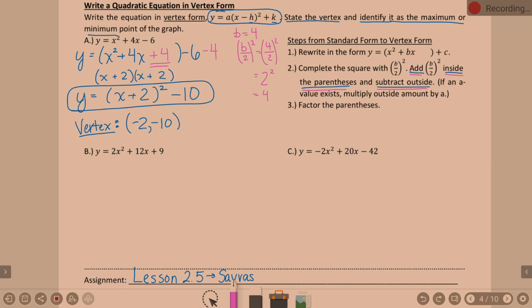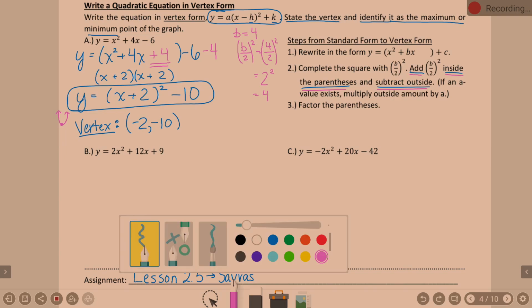What's a positive a value suggest? A positive a value, right, is going to suggest that it opens up. Where's my vertex if my graph opens up? -2. But is it at the top of the graph or the bottom of the graph? It's at the bottom, so that makes this a minimum.